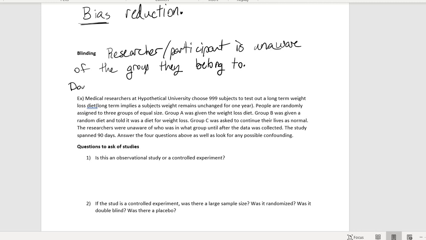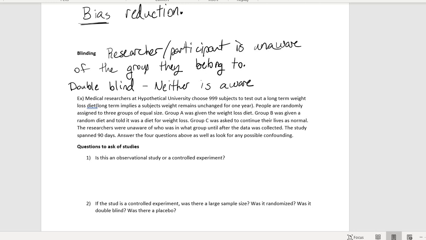Now, on top of this, we also have something called double blind, which is where neither is aware. So that means the researcher and the participant, neither of them know who's in what group. This is done by usually having a third party participate between the researcher and the participant.